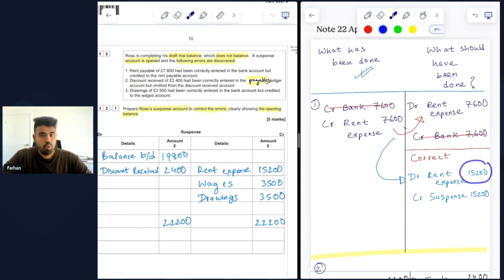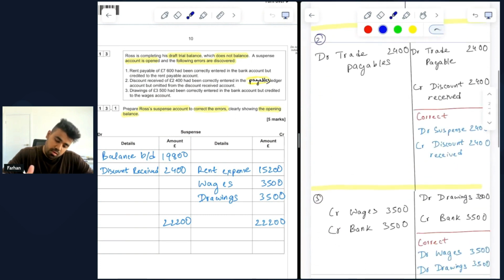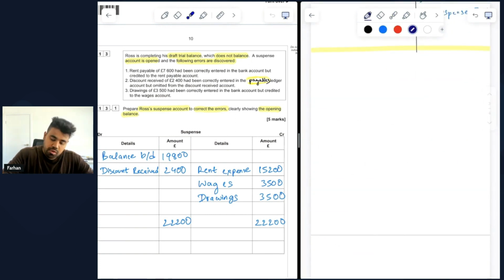Why is that the case? This might appear to be confusing, so I'll also draw a T account or a ledger account for you to make sure you understand what's happening. So let me draw the ledger account for rent expense here, and I want to show you something.